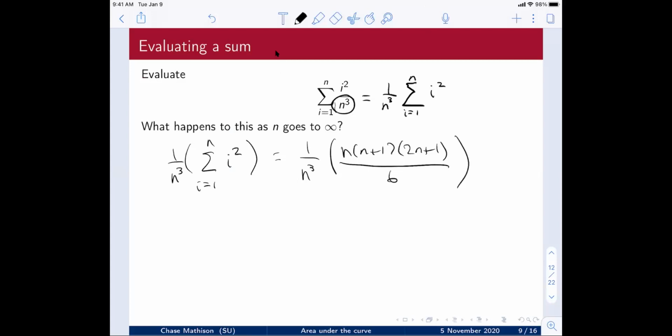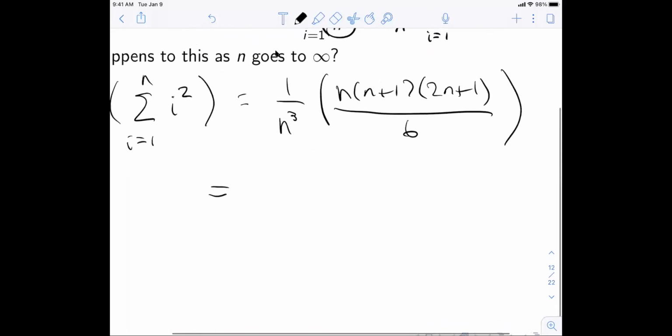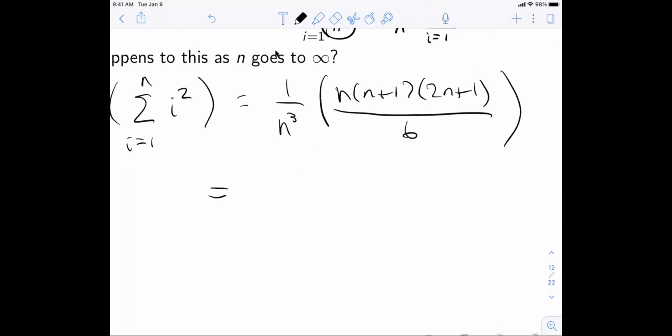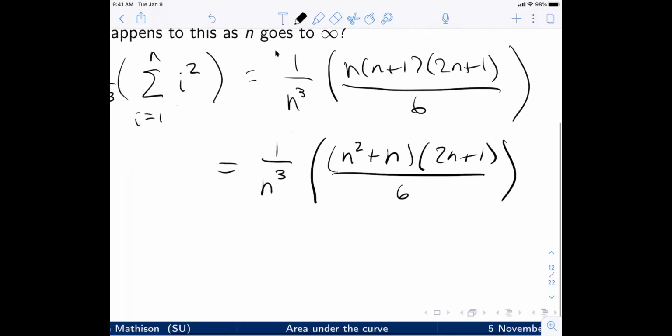All right, so this is equal to, well, now the rest is just algebra, and then I'm going to take a limit. But this is 1 over n cubed times, well, n times n plus 1, that's n squared plus n. And then I'll do the next one separately.